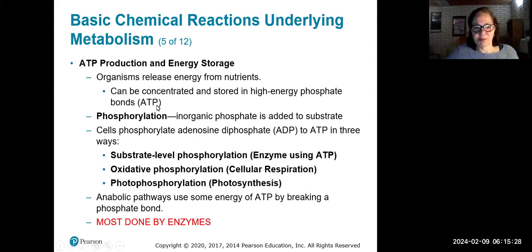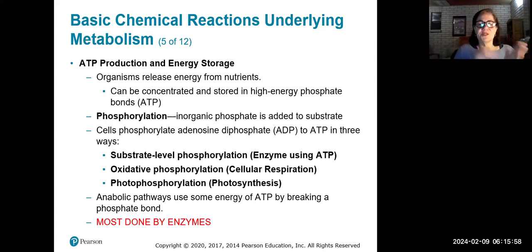That process of putting a phosphate group onto something is referred to as phosphorylation. That means inorganic phosphate, which is a phosphate with 4 oxygens on it, is added to some molecule. So we take ADP, we phosphorylate it to make it ATP, adenosine triphosphate.